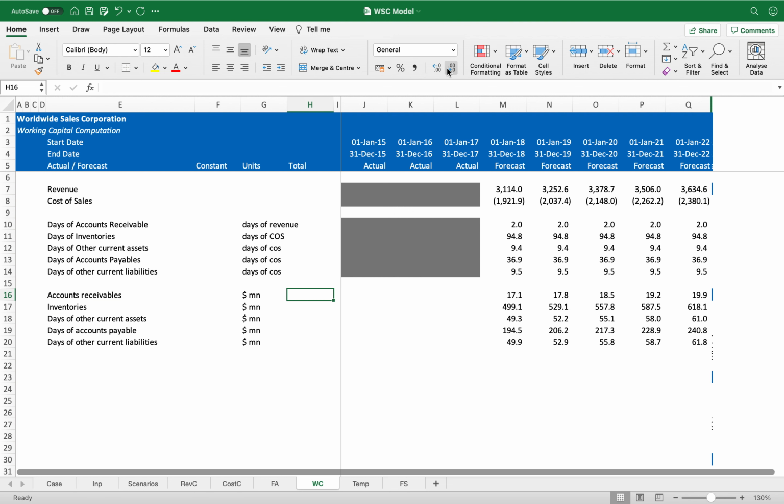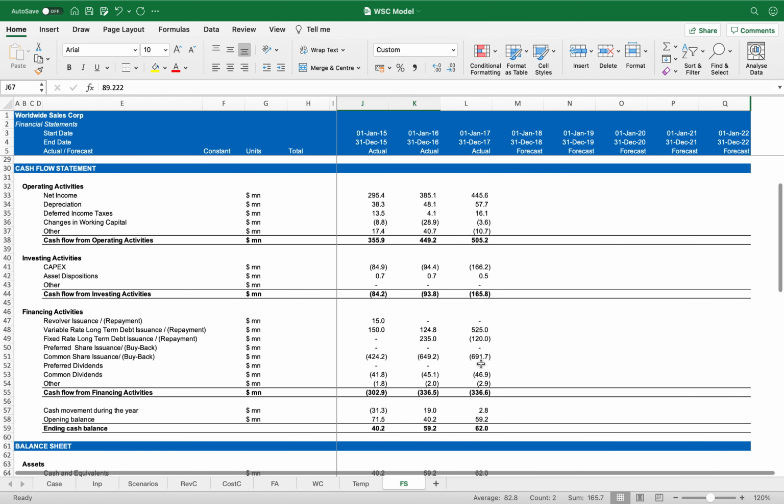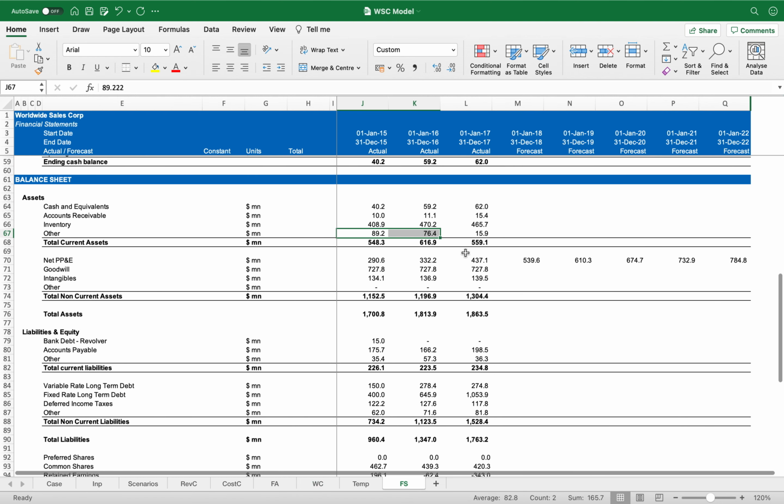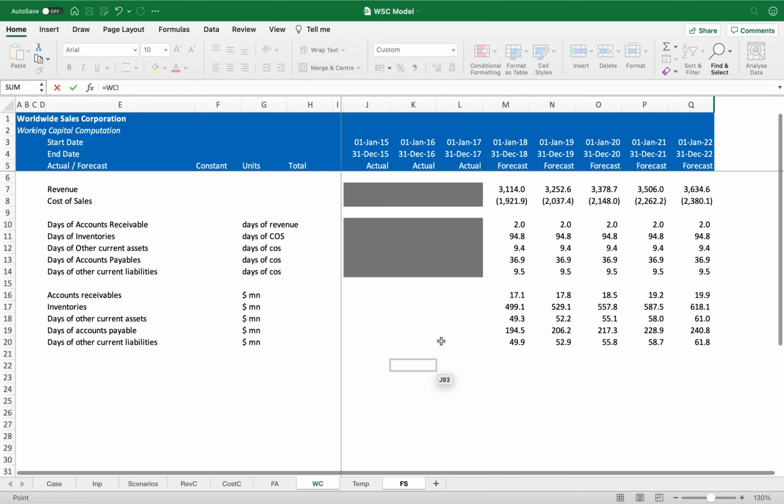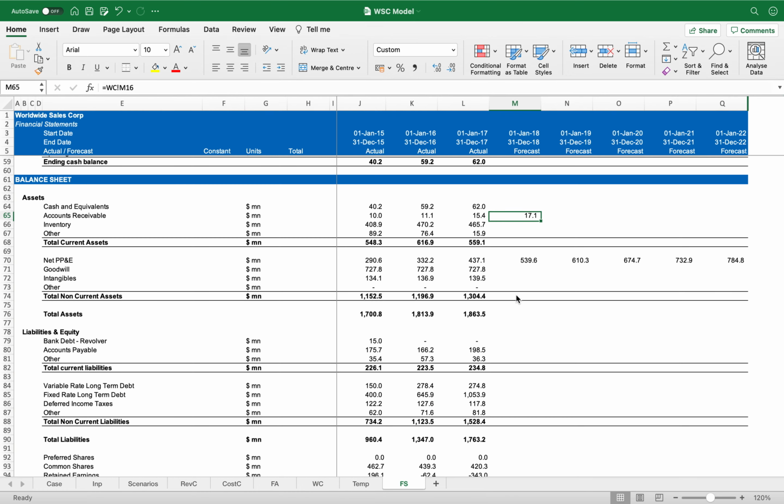So I have appropriately computed my numbers in millions now, so I can link it to the balance sheet. Just go to your financial statements in the balance sheet, accounts receivable, just link accounts receivable to the number that you have computed. Similarly, inventory, and similarly, other current assets.